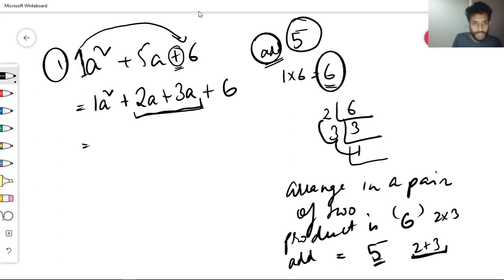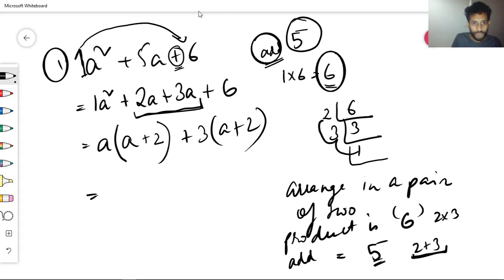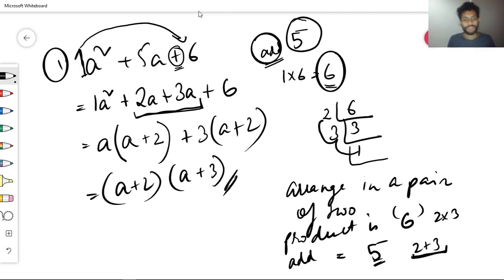Now if I take a common, what is left is a plus 2. This is a similar step, we already did this. If I take 3 common, 3a plus 6, so the result will be a plus 2 common, then here it will be a plus 3. So this is your answer.